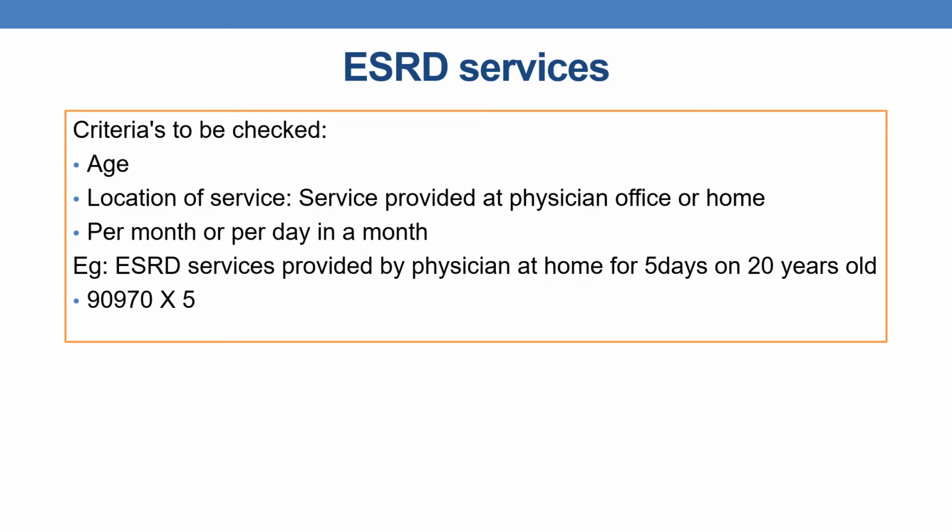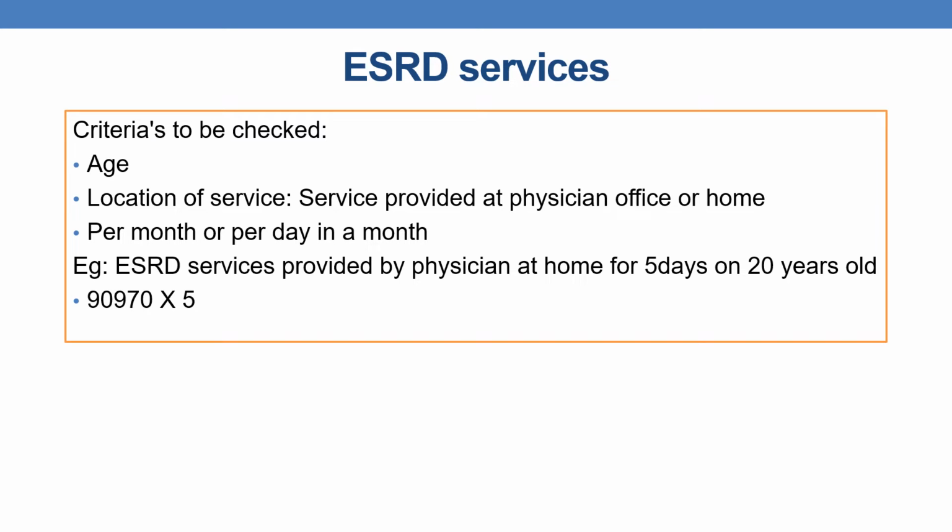Third is the number of times the service is rendered. There are codes for per month, per day, or 2 or 3 times in a month. Based upon the number of services also, the codes are categorized. So the 3 criteria are: first, age; second, location; third, number of services per month.